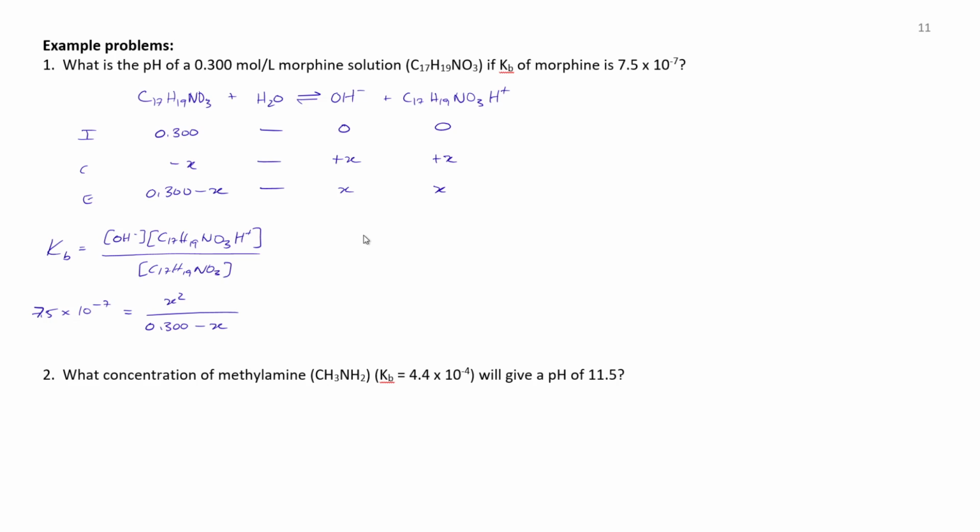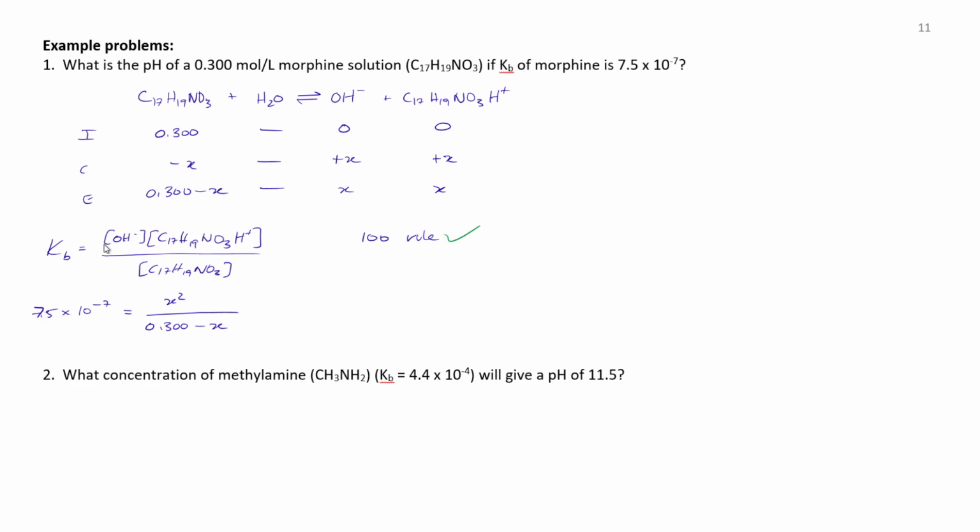If I go to check my 100 rule, it will check out because my Kb value is very small and my initial concentration relative to the Kb value is quite large. So my 100 rule is going to work out here.